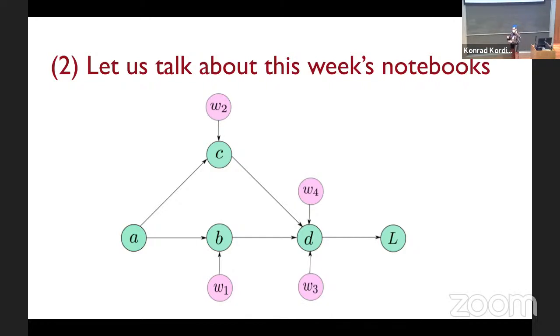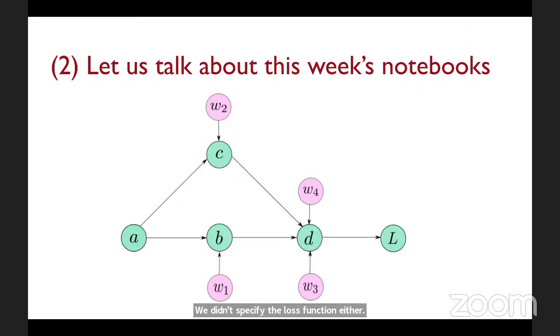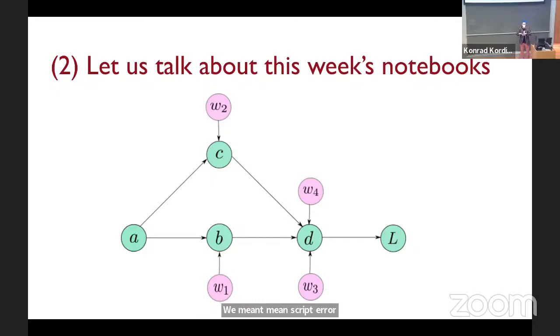What the exercise meant to ask you to do is scalar products, but you can obviously do matrix products. We didn't specify the loss function either. We meant mean squared error versus a 3x3 matrix that all contains the same value, drawn according to how we set it. However you solve that problem, as long as you solve it in one of the possible ways, you will deserve full points, and it's a correct solution.